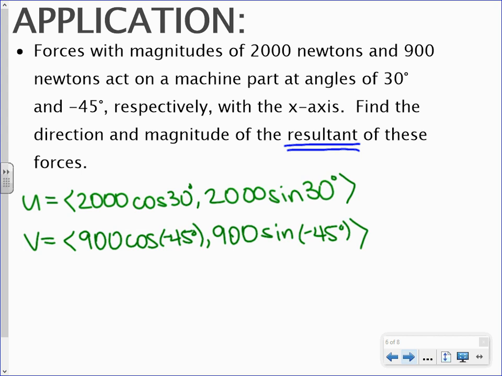And then I'll say vector v is our vector with magnitude 900, angle of negative 45 degrees. So I'll let you write down what you need to if you need to catch up. I got kind of excited there, so if you need to back up and write any information down, please go for it.